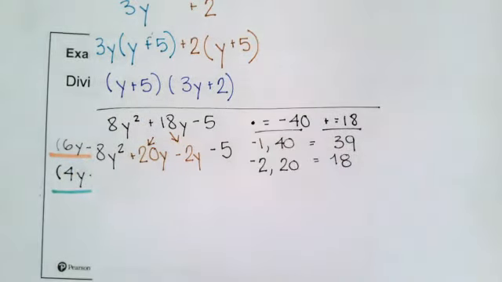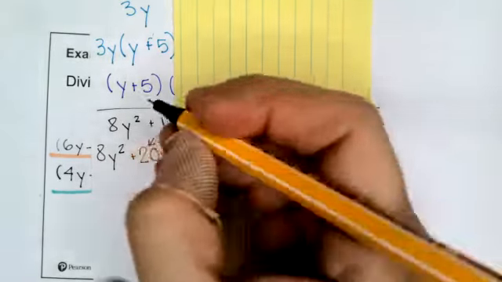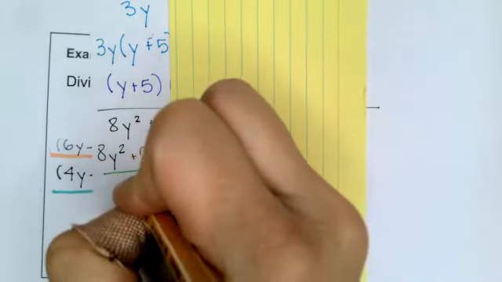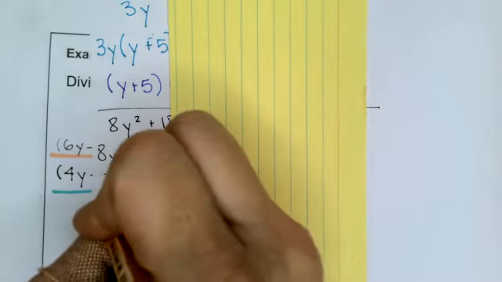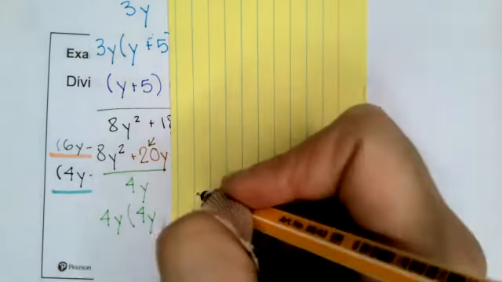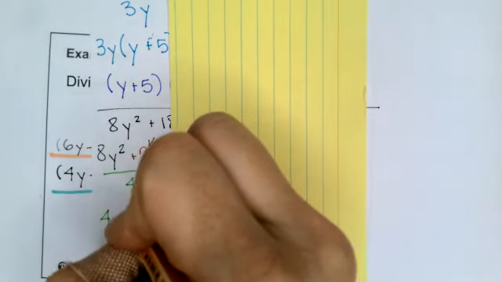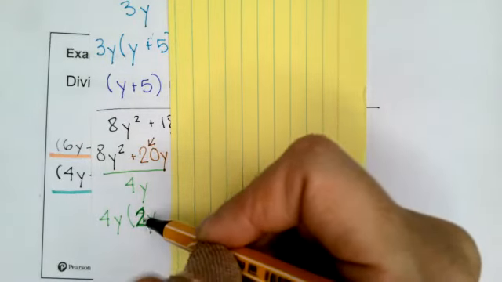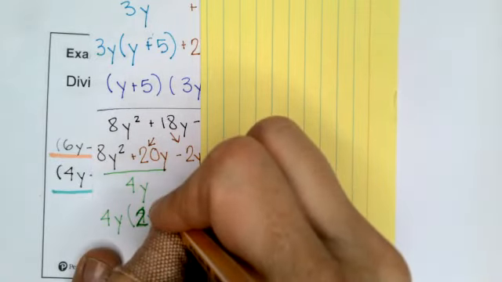Okay, so when I factor by grouping, 8y squared plus 20y, I can factor out a 4y, right? 8y squared divided by 4y gives me... oops, nope, 2y, right? 4 times 4y would be 16y. 8y squared divided by 4y gives me 2y. 20y divided by 4 gives me 5.